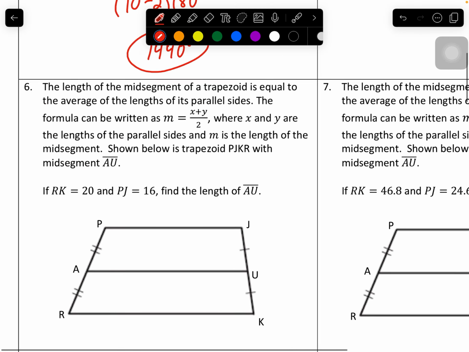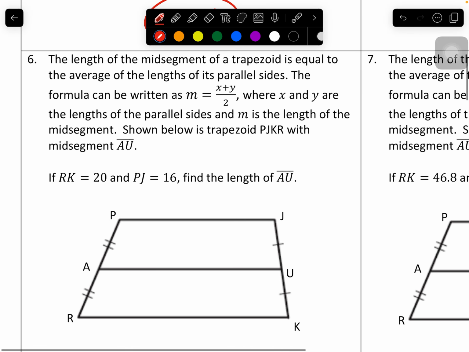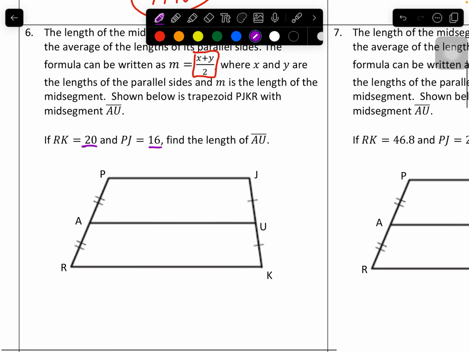Number 6, it's even more words, but find the formula, okay? Right there, x plus y divided by 2. And then we're going to give you 2 numbers. Again, plug those in, x and y. Doesn't matter which one you make x and y, because you're going to add them together.